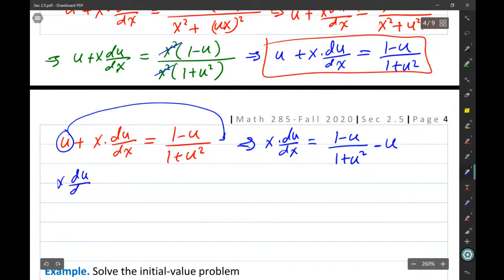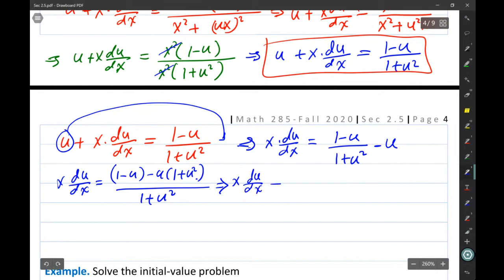So x times du over dx equals 1 minus u times 1 plus u square, divided by 1 plus u square, which is equal to x times du over dx equals 1 minus u minus u plus minus u to the power of cube, over 1 plus u square, which is 1 minus 2u minus u cubed over 1 plus u square.